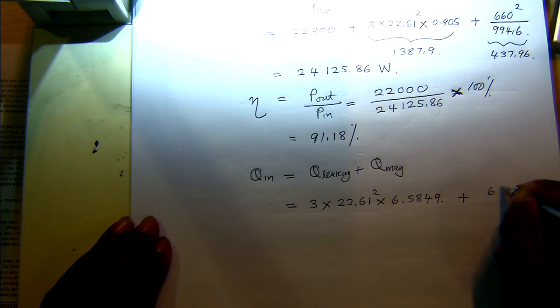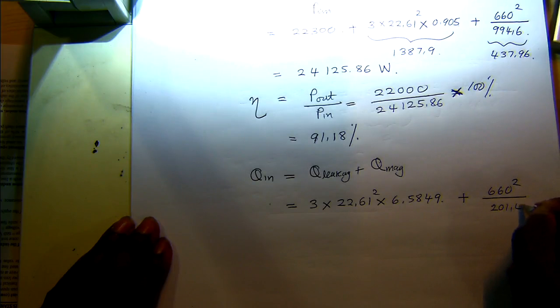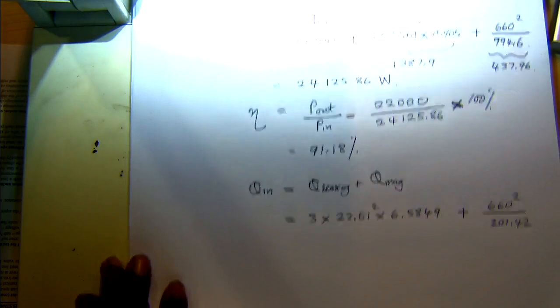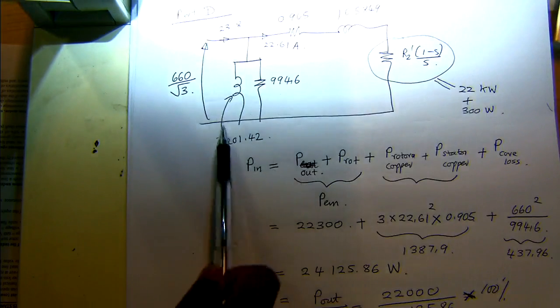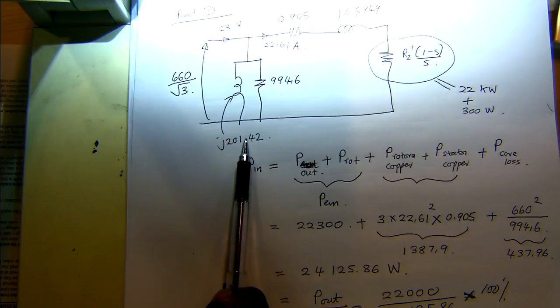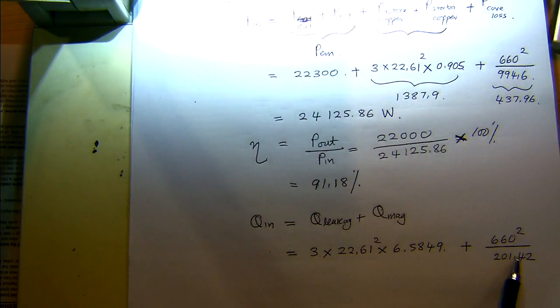So that's 660 squared over 201.42. That's the value from here, this value. So I didn't put the 3 divided by root 3 thing, so this will be just line to line, right?